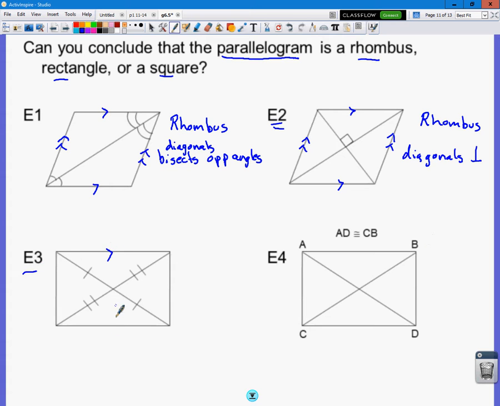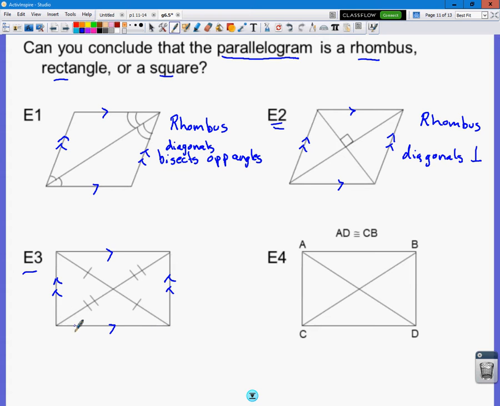Example 3, they said that this was a parallelogram. Be careful before you answer this one. Is there enough information to state that this one's a rhombus, a rectangle, or a square? What does it take to make this a rectangle?